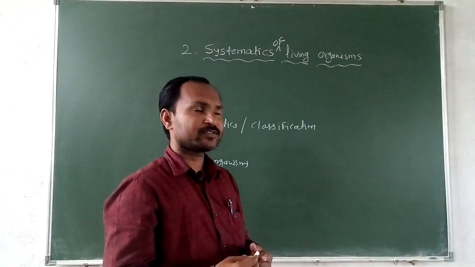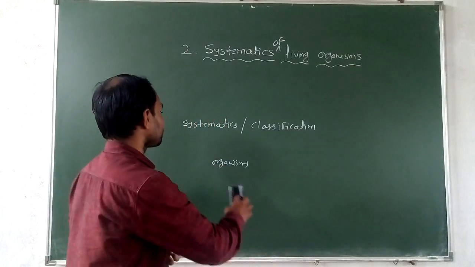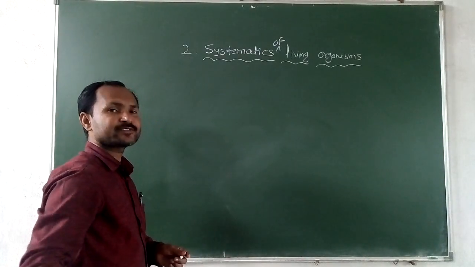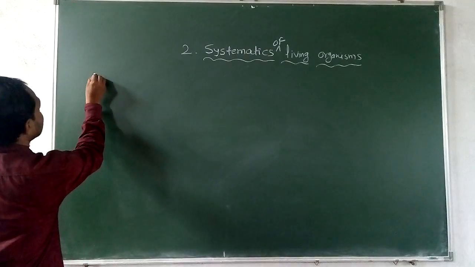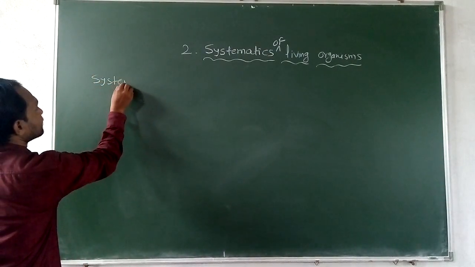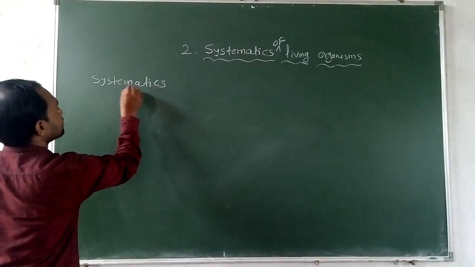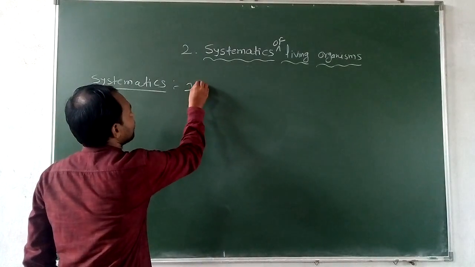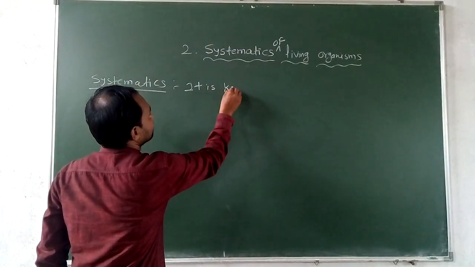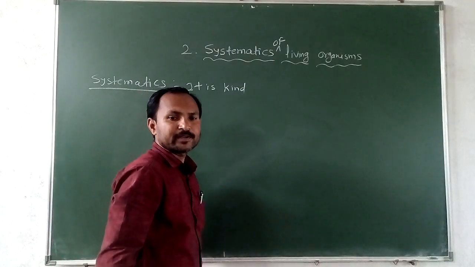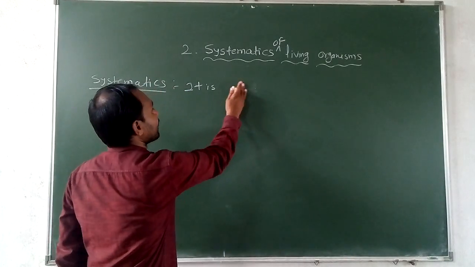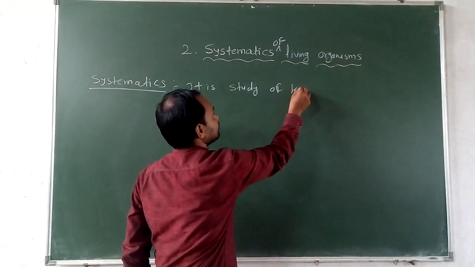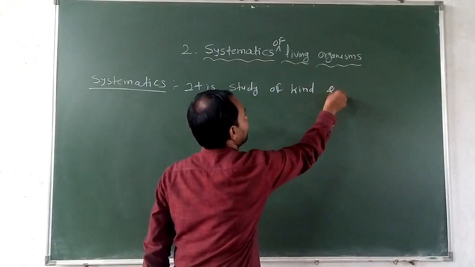In this chapter, the first point is systematics, or classification. What is the meaning of systematics? First we will see the definition.